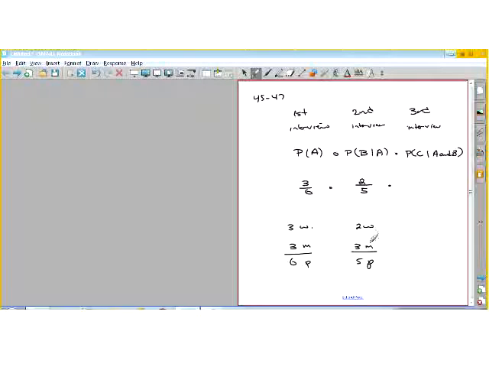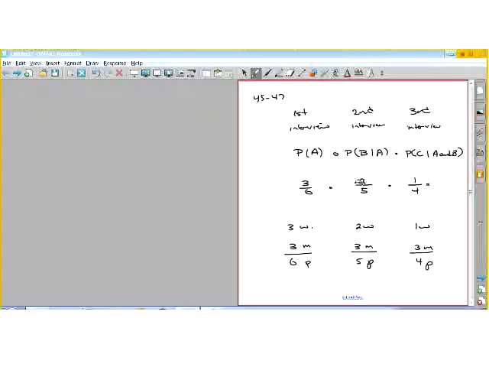And you can see what happens now. If A and B are true, what that'll leave us with is 1 woman and 3 men for a total of 4 people. So the numerator, again, is the number of women, and the denominator is the total number of people to choose from. 1 woman out of 4.